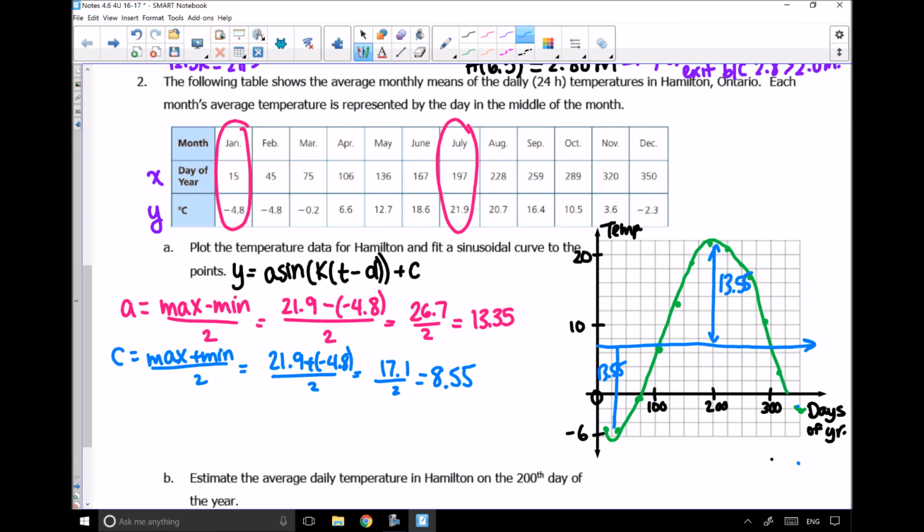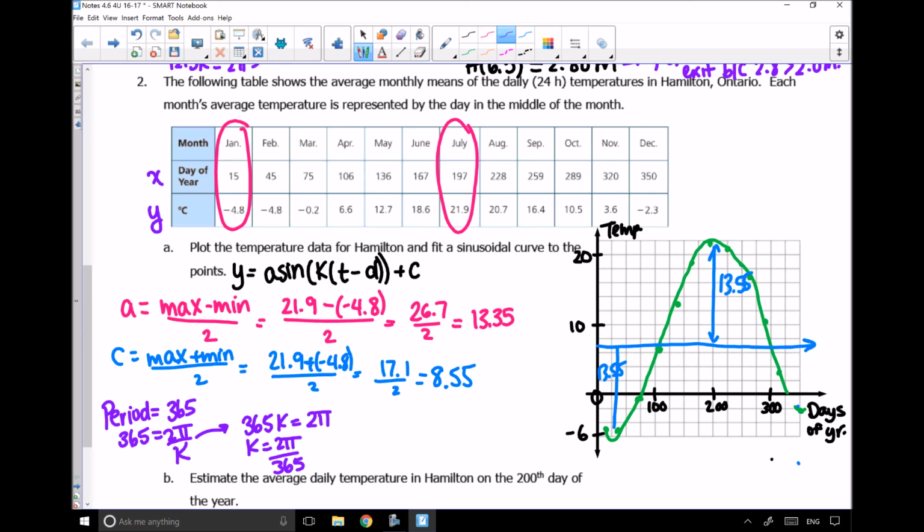So now let's talk about our period. Well, our period, we're talking about a whole year. So our period is 365 days. So we can say our period is equal to 2 pi over k. Okay, so then when I want to solve for k, I just end up getting 365k equals 2 pi. So therefore, k equals 2 pi over 365, okay?